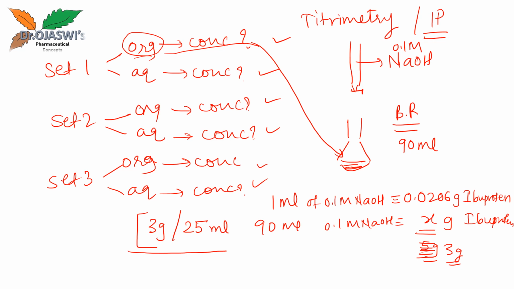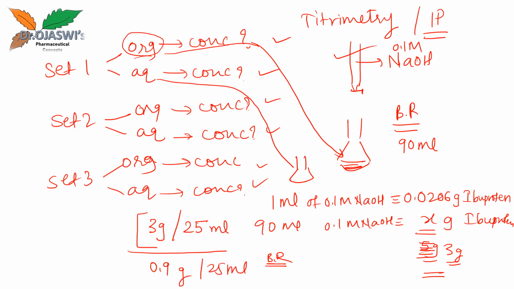Then in the same manner, I will also analyze this aqueous layer by taking it into a conical flask and titrating it with NaOH. I will get one more burette reading, and using that reading I will calculate the amount of ibuprofen present in the aqueous layer. Suppose that is coming out to be 0.9 grams per 25 ml.